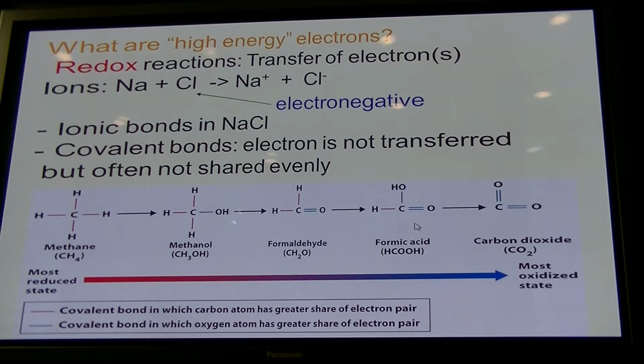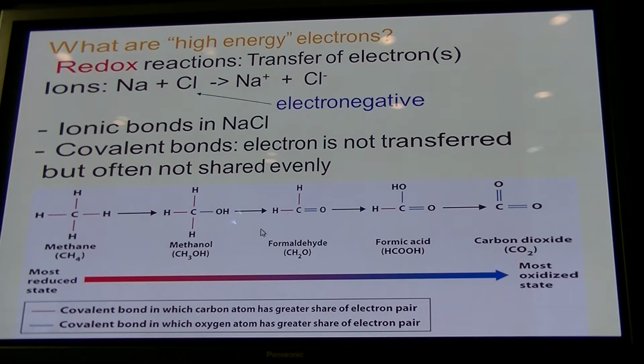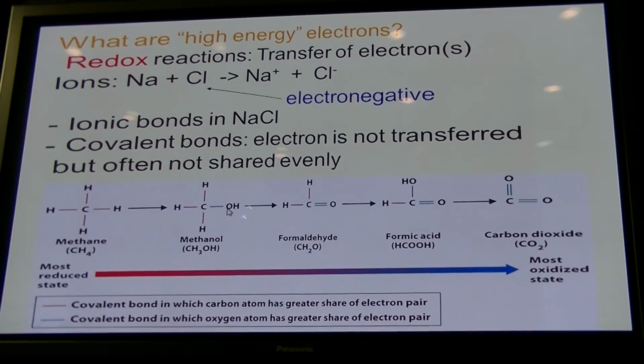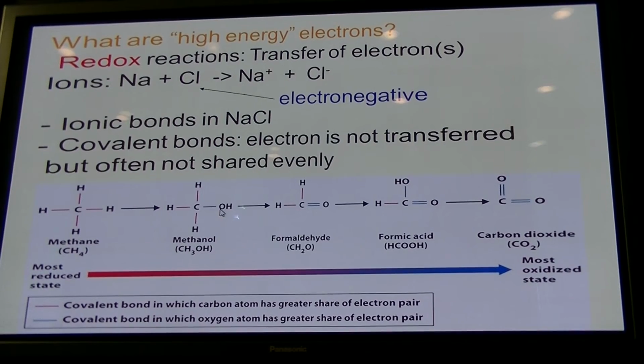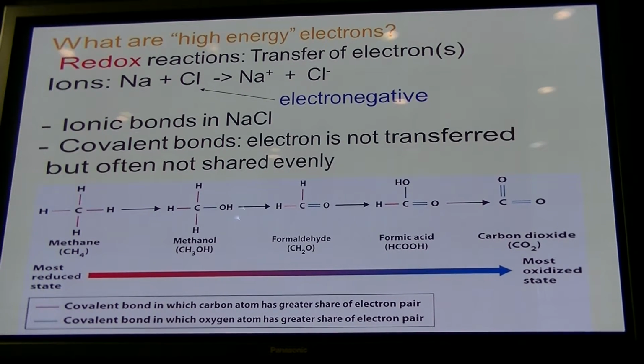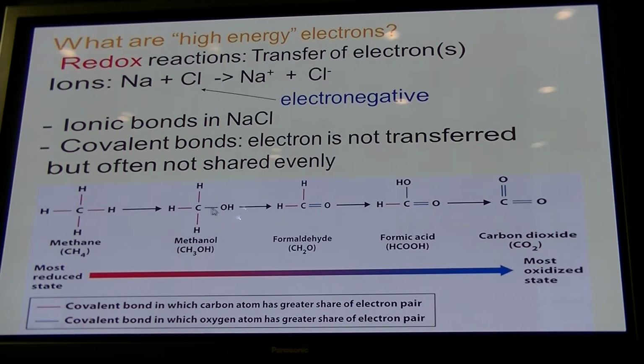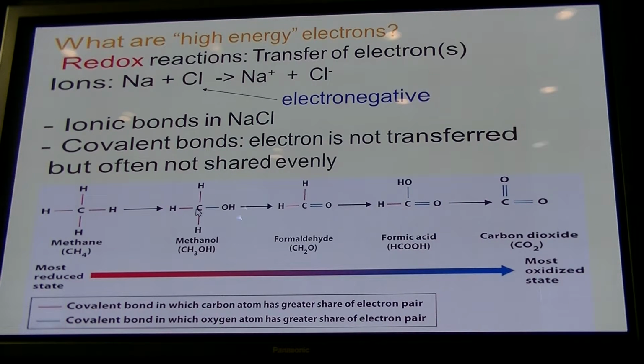Now if we gradually oxidize this molecule, react with oxygen, we get methanol. And in this electron pair, oxygen, which is very electronegative, pulls this electron pair closer to that oxygen nucleus, away from the carbon. We oxidize more, ultimately we get that CO2. These two oxygens in carbon dioxide strongly pull those electron pairs towards their nucleus, away from carbon.